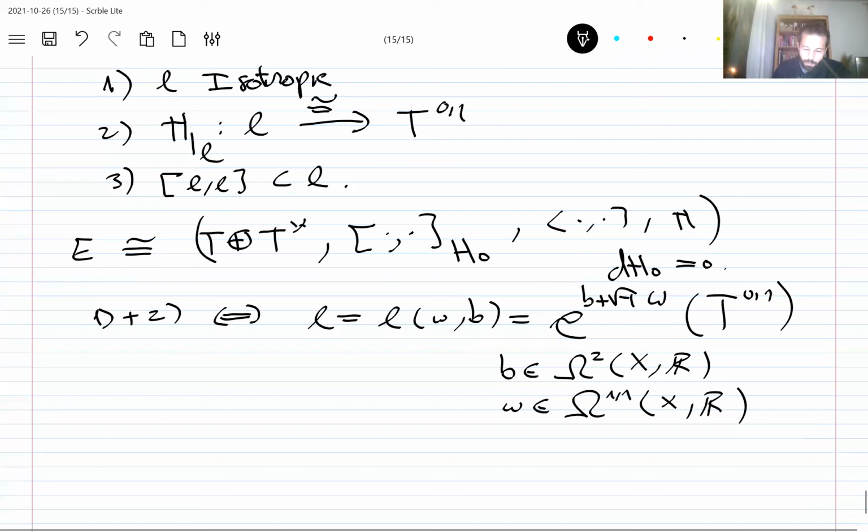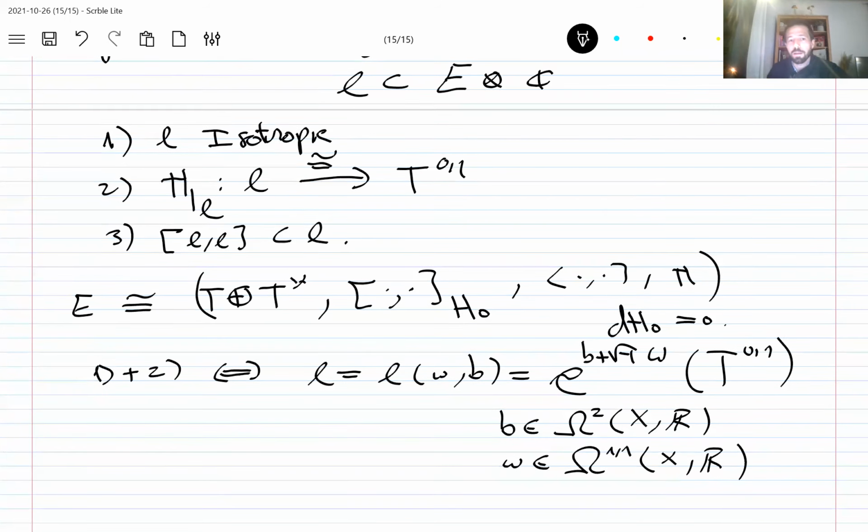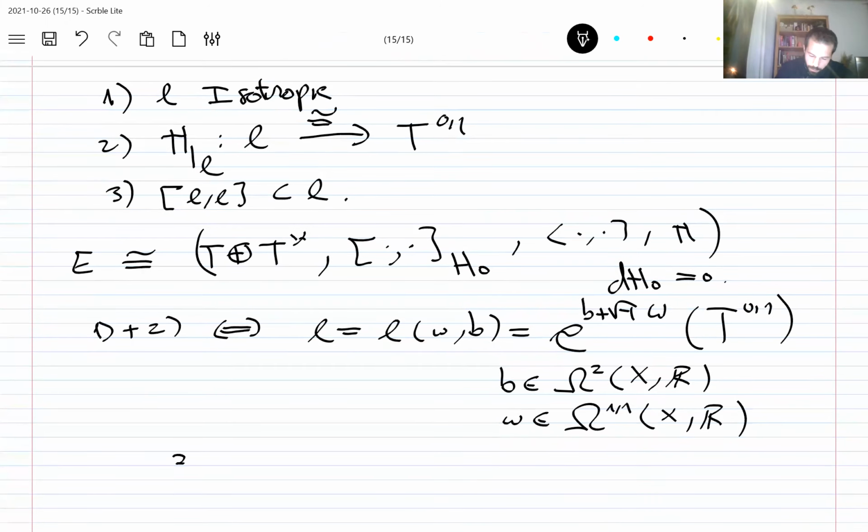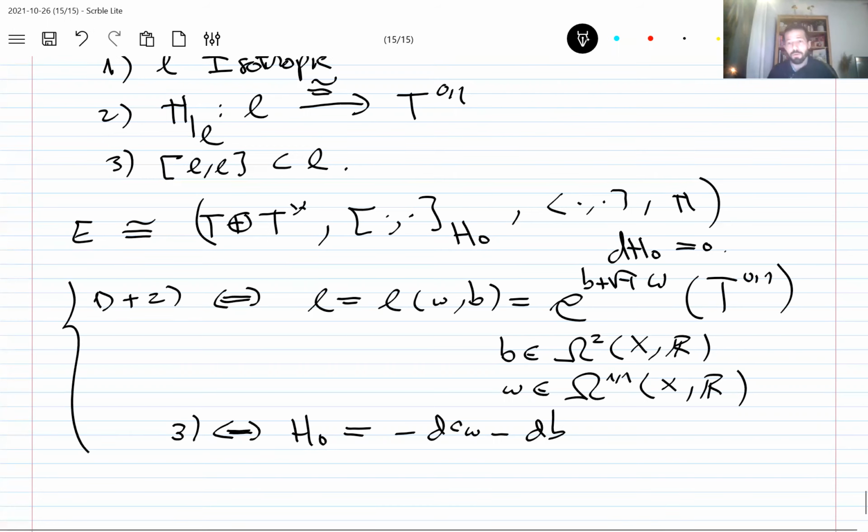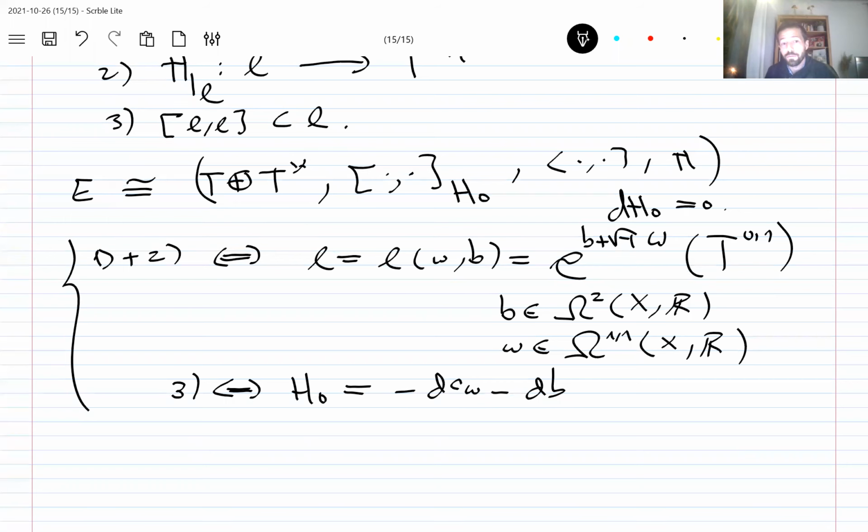So this is up to 1 and 2, which are the algebraic conditions. And then the involutivity condition, 3, is equivalent to H naught, the 3-form in the Severa class of E determined by the splitting, being equal to minus d^c omega minus dB. Okay, so this is the explicit description in terms of a splitting.